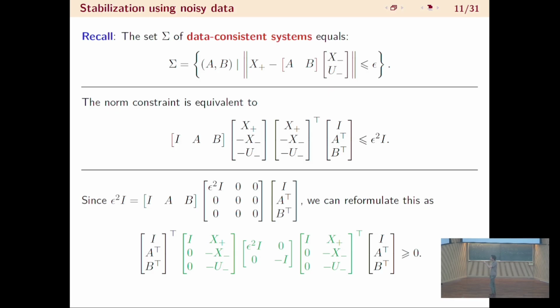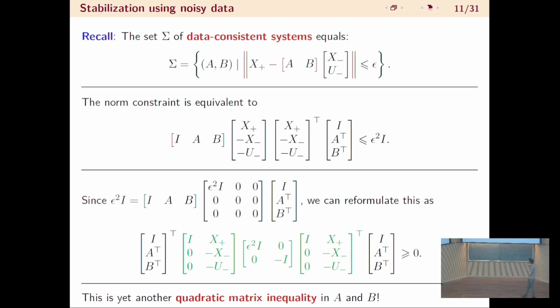I take everything to the right-hand side. And then this is the inequality that you obtain. Nice. So we found yet another quadratic matrix inequality in A and B.